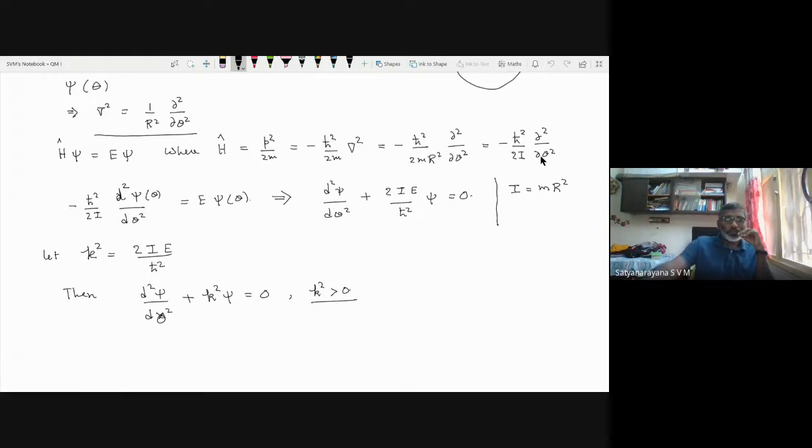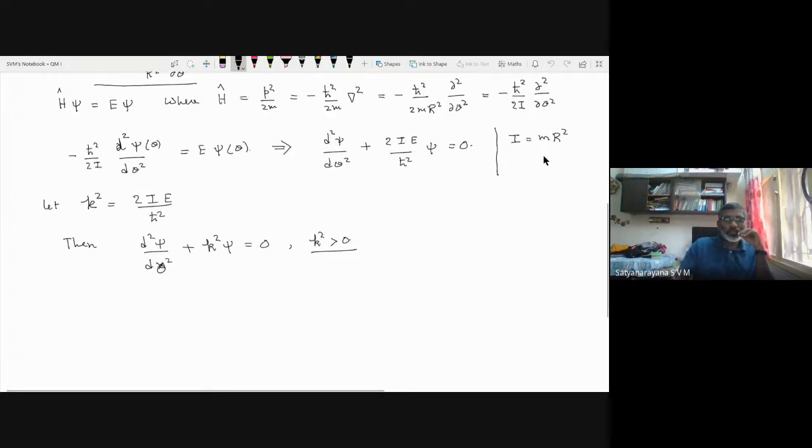So we could have written this psi of theta to be some a into e to the ikx plus b into e to the minus ikx, or we could have also written this as psi of theta is equal to some a prime cos kx plus b prime sin kx. Both are correct. Both are solutions of this equation.